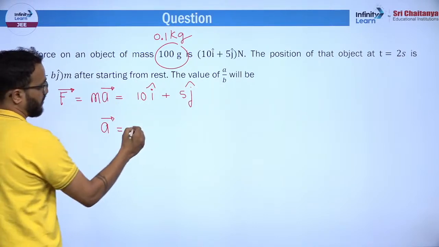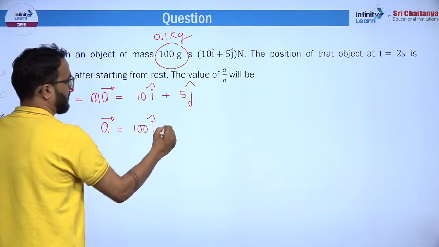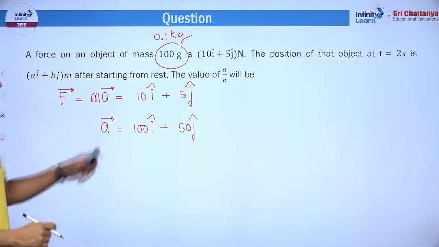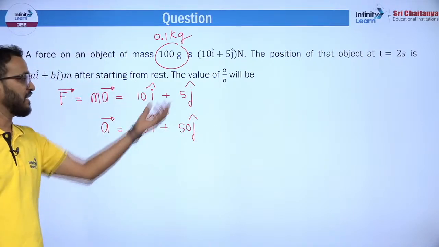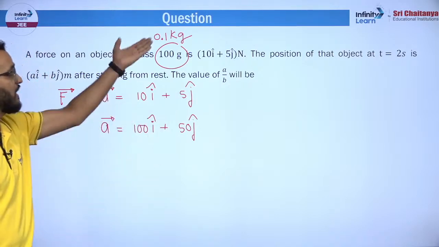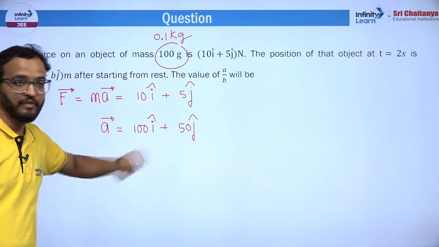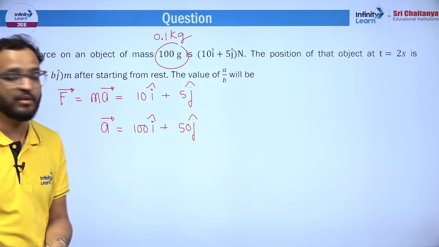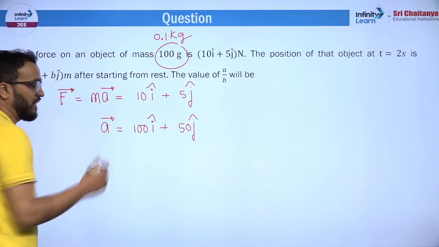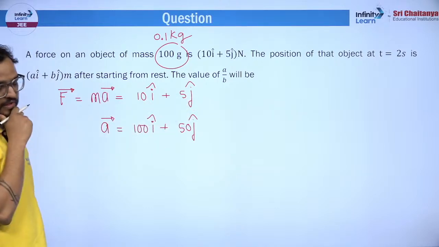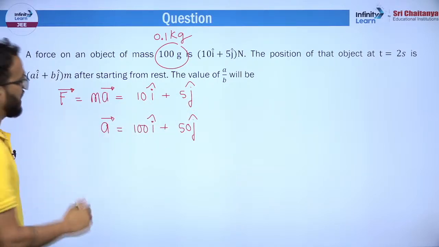M is what? 0.1. So it will be 100 i cap plus 50 j cap। आप बोलोगे सर ये कैसे आया? अरे सिंपल है ना, मास 10 को मास से डिवाइड कर दिया, 5 को भी मास से डिवाइड कर दिया। मास कितना है? 0.1, तो 10 अपॉन 0.1 करेंगे तो 100 आएगा, 5 अपॉन 0.1 करेंगे तो 50 आएगा। आएगा कि नहीं आएगा बच्चों? वेरी गुड। सो वेक्टर ए कितना हो गया? 100 i cap plus 50 j cap.